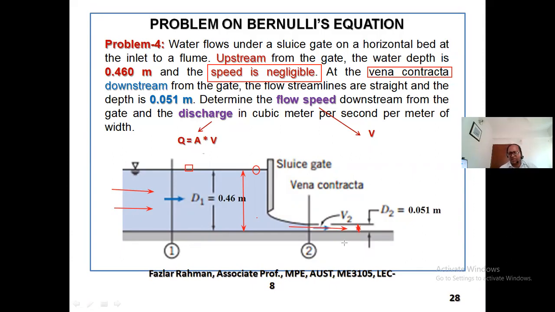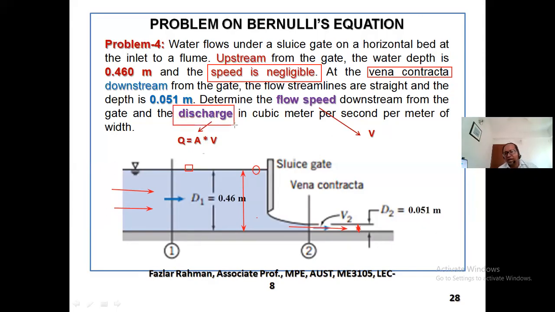Determine the flow speed at the downstream. Right over here, we need to figure out the velocity of the water. And also the discharge in cubic meter per second per meter width.